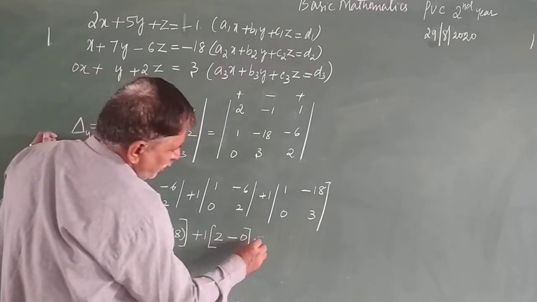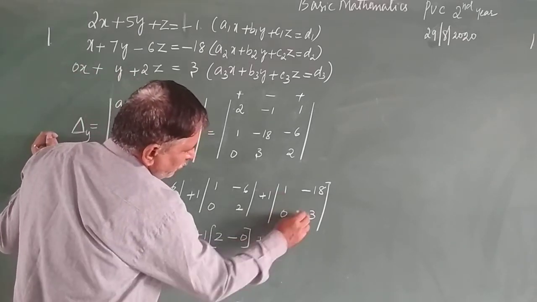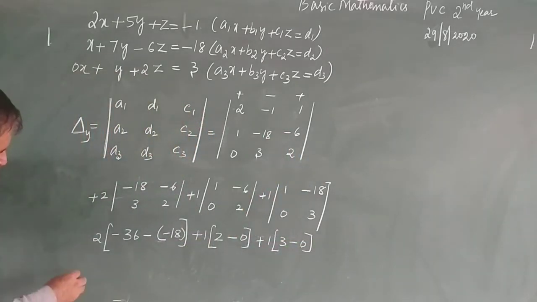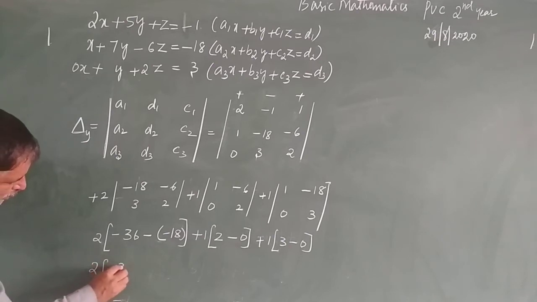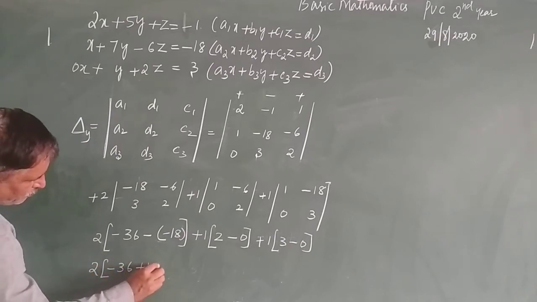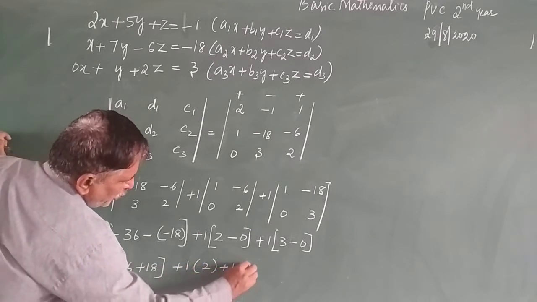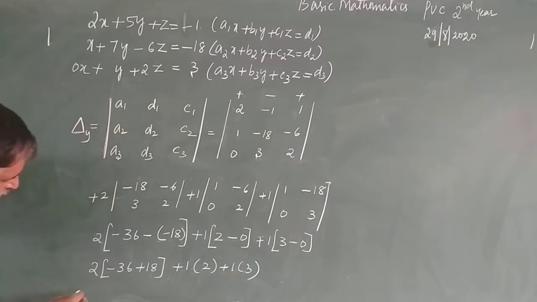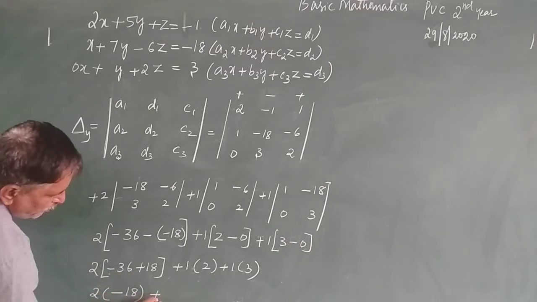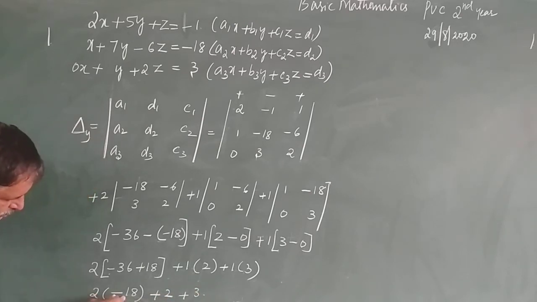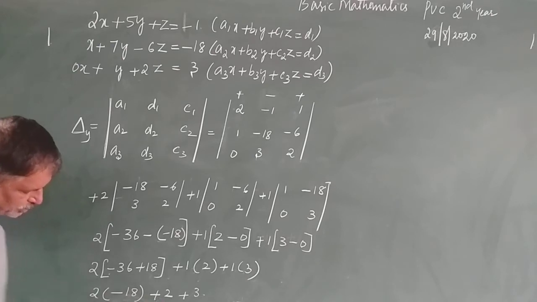If you want to write, you can write minus 0, 1, 3, that will become 0. 0 into minus 18 is 0. So 2 minus 36 plus 18 plus 1 into 2 plus 1 into 3. Now the difference of these two is minus 18, plus 2, 1 into 2 is 2, plus 3, minus, okay, I will get 36, plus 5 if I add these two.